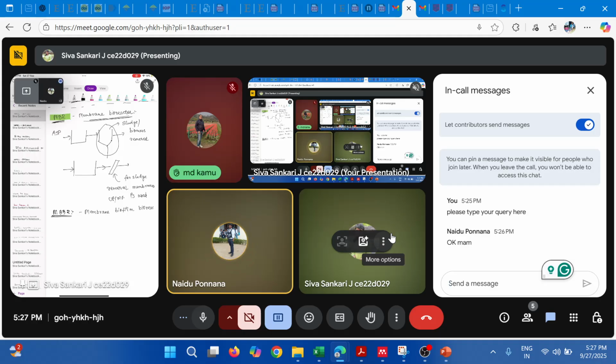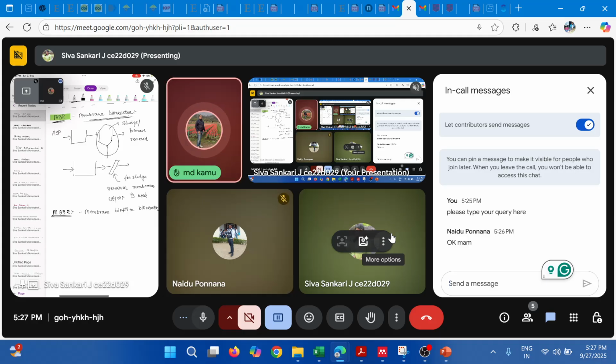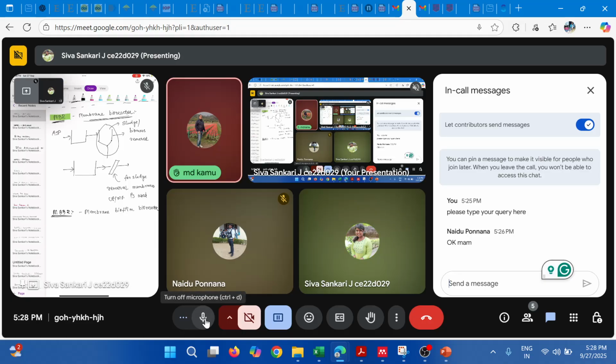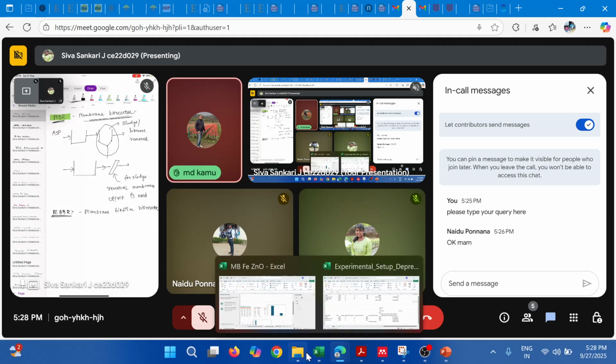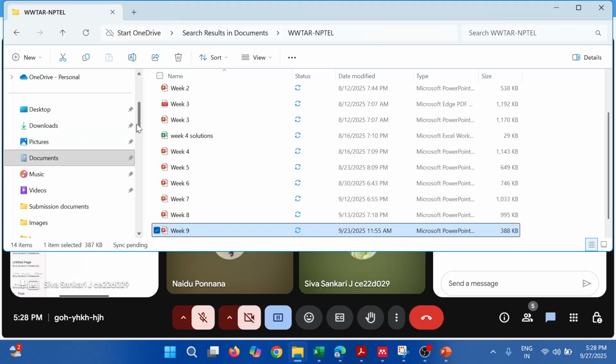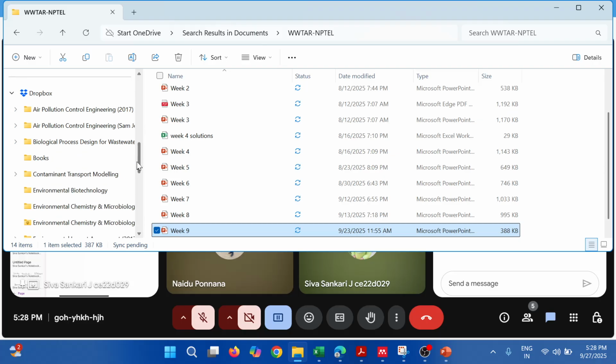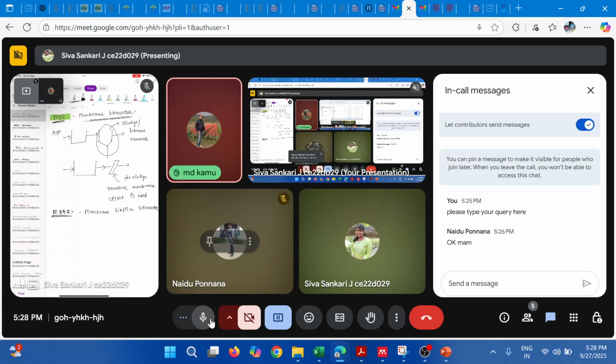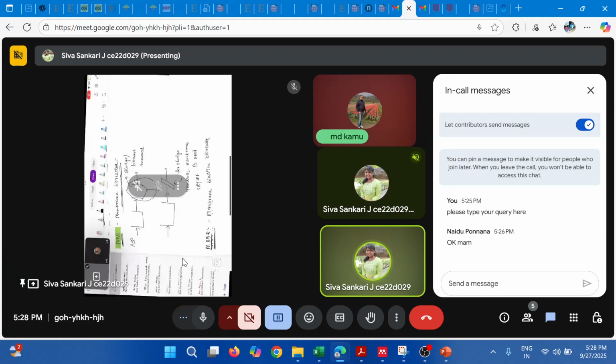Moving bed bioreactor or membrane biofilm bioreactor? Wait, let me just check it. I got confused. Yeah, it is moving bed bioreactor. That's what I was wondering. Yeah, moving bed.